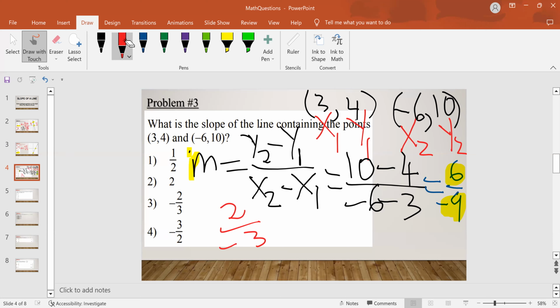So 2 divided by negative 3 is the same as negative 2 divided by 3. Therefore, the correct choice here is choice number 3, negative 2 over 3. Okay, let's continue.